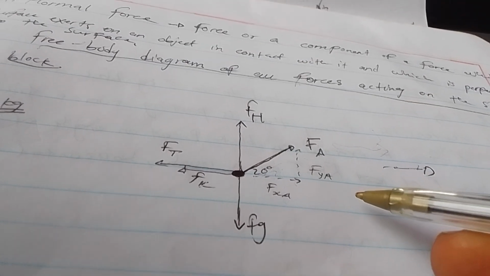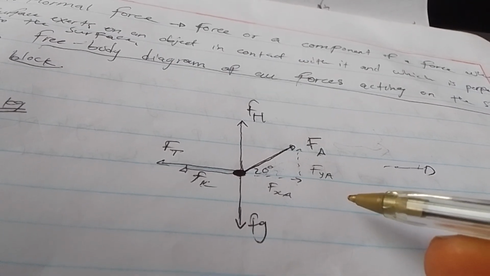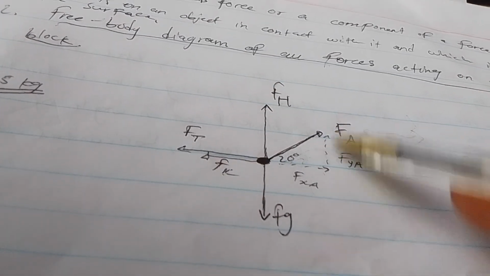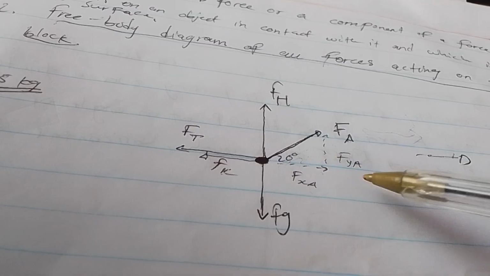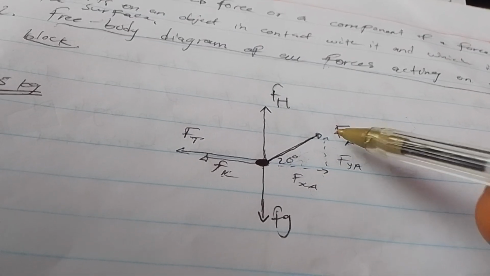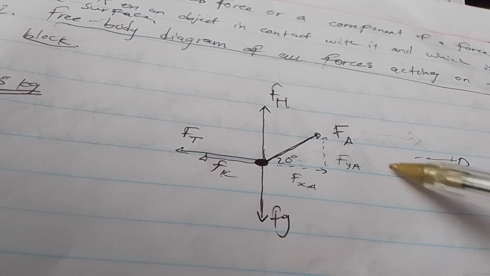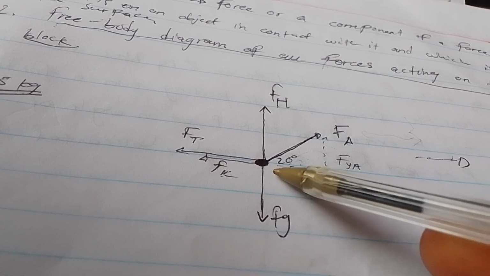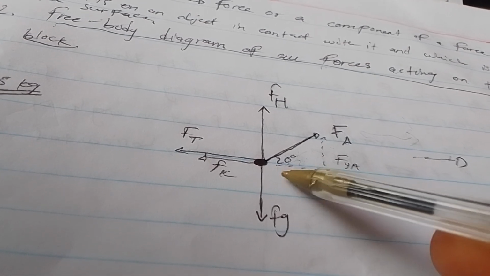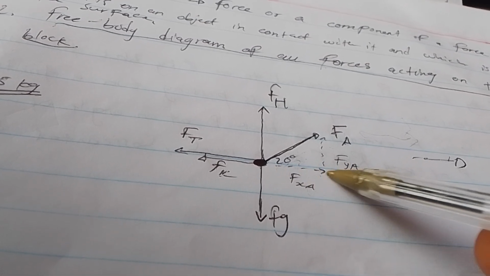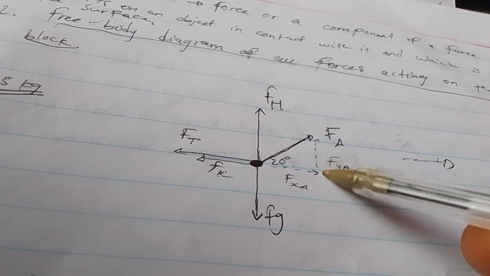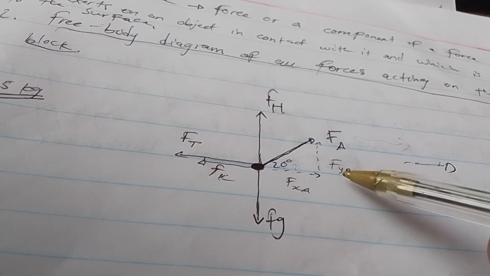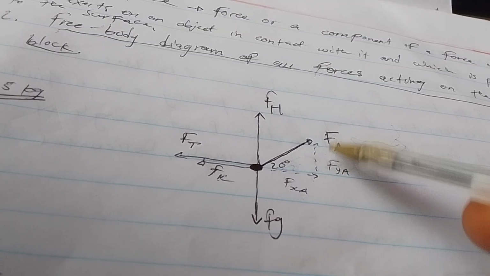So on our 5 kg block, when you draw the free body diagram on a rough sketch, now you can include the 20 degrees, you can include the components for Fa, for force applied. So our Fxa is going to the right, where our force applied is going to, and our Fy will go upward.